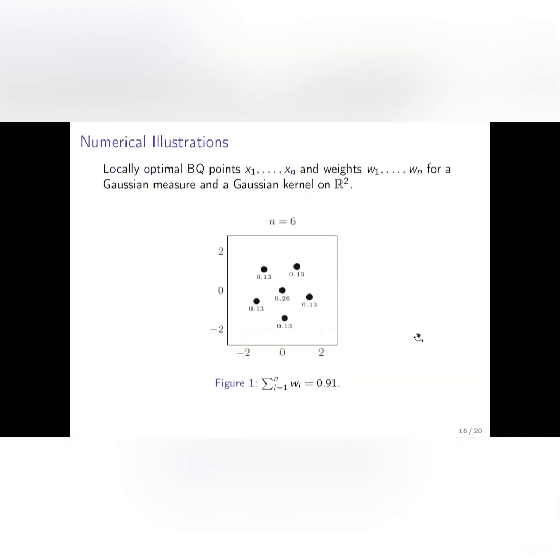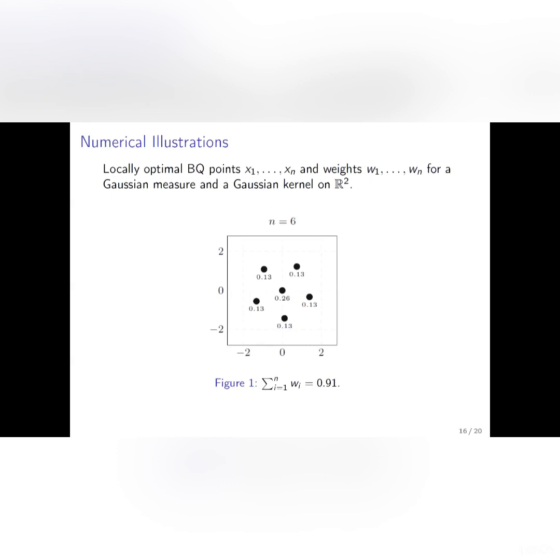And we have numerical illustrations. Here we consider the case of a two-dimensional domain with a Gaussian kernel and Gaussian measure. We optimize the design points so that the posterior variance is minimized.